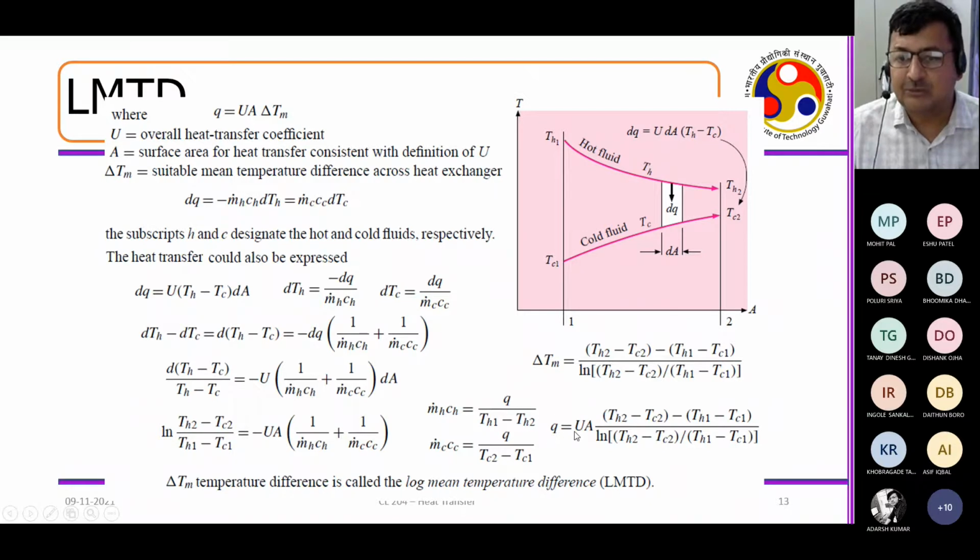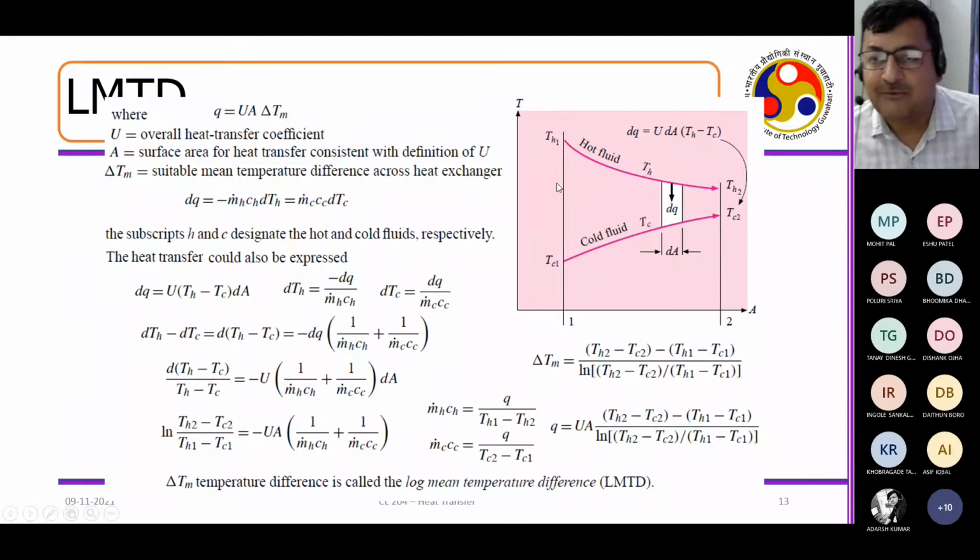You get Q equal to UA into a temperature difference, which comes out like this: TH2 minus TC2 minus TH1 minus TC1. TH2 minus TC2 is the temperature difference at the outlet, and TH1 minus TC1 is the temperature difference at the inlet.